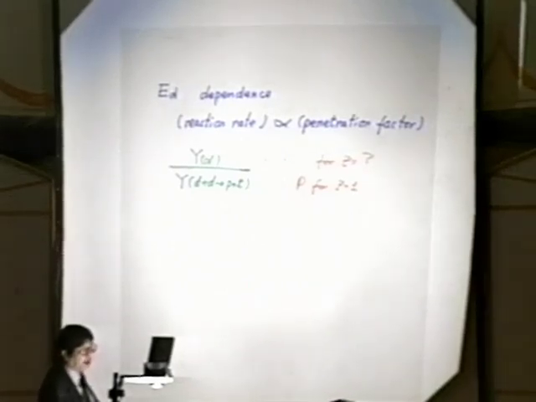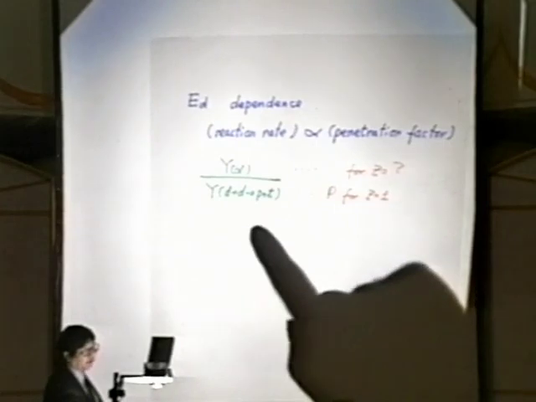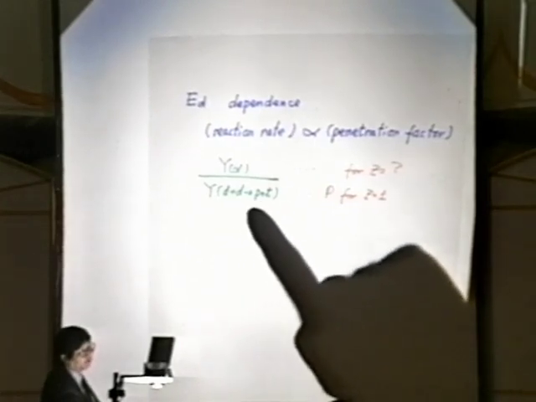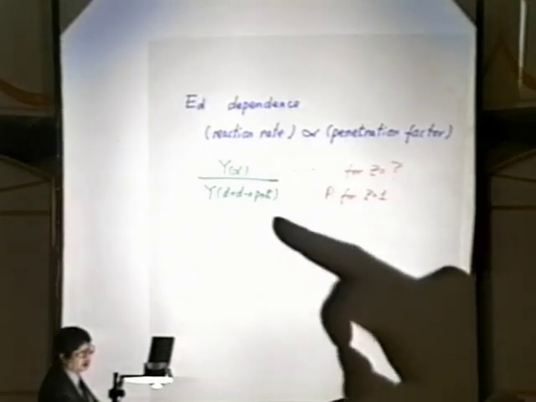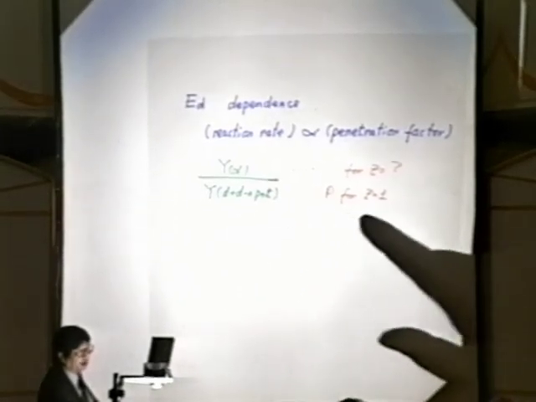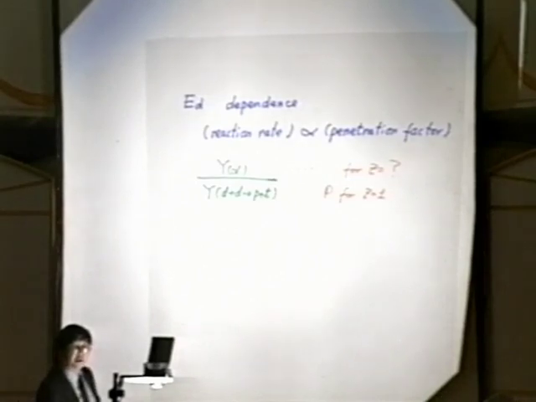In this energy region, the reaction rate is more or less proportional to the penetration factor, because we are using very low energy neutrons. So, for example, the yield of the first usual reaction just follows the penetration factor for the Z plus Z equal 1 reaction. And how about the alpha particles? That's our question.